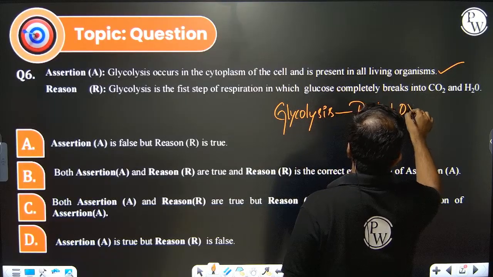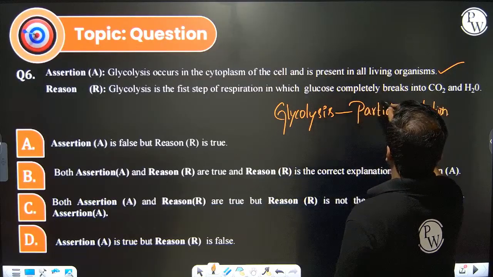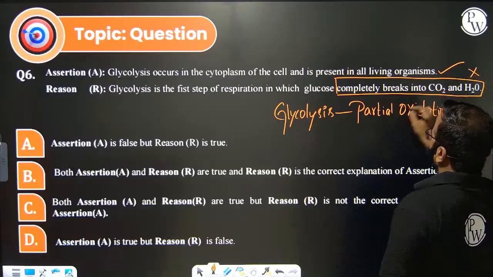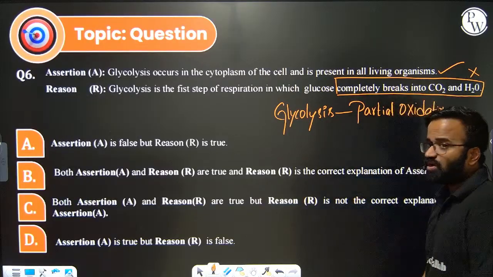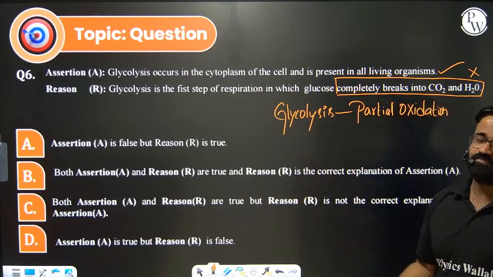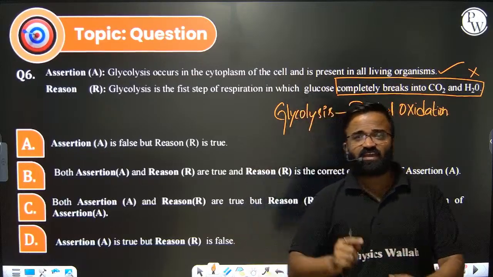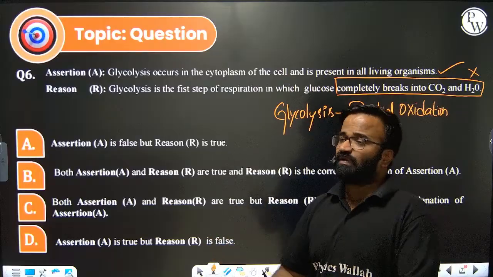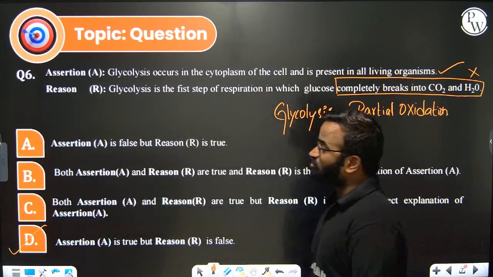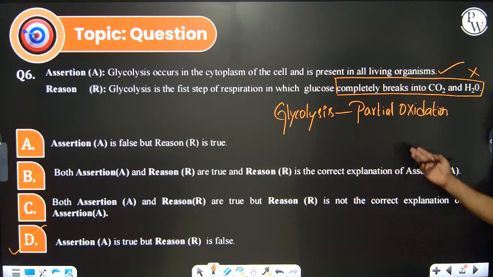Glycolysis is nothing but partial oxidation. So if I say it is completely broken down into CO2 and H2O, that is wrong. So glycolysis means partial oxidation. Alcoholic fermentation is incomplete oxidation, and when you say glycolysis, link reaction, TCA, and then ETS, then we call it complete oxidation. So the answer would be D, where assertion is true, but reason is false. Clear, guys?